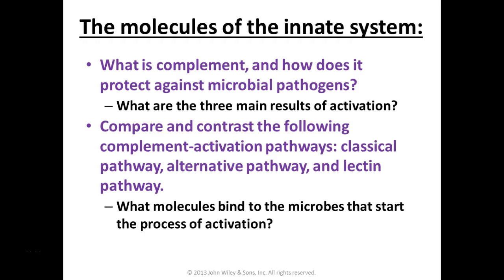The animation discusses the classical and alternative pathway. So as it talks about these two pathways, you want to know what starts the whole thing, right? So in the case of mannose binding lectin, what started it all? The mannose binding lectin binding to the mannose. So what's the first thing that binds to the surface of the cells that activates classical pathway? And what activates alternative pathway?